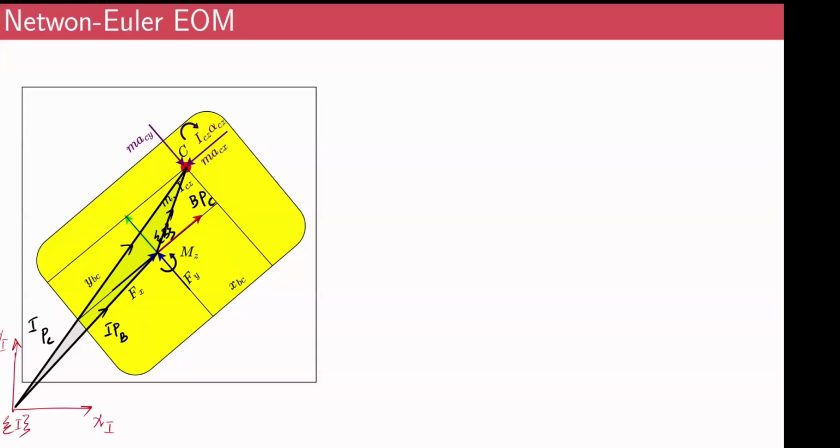So if I write this vector loop equation, how would it look? We can write this vector equation like so: the position vector of C with respect to I is nothing but the position vector of B with respect to I plus the position vector of C with respect to B, right?